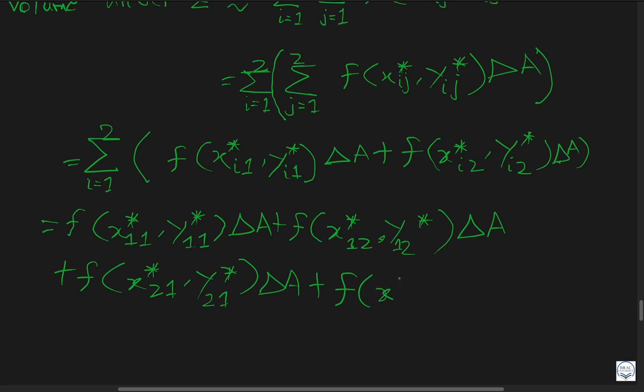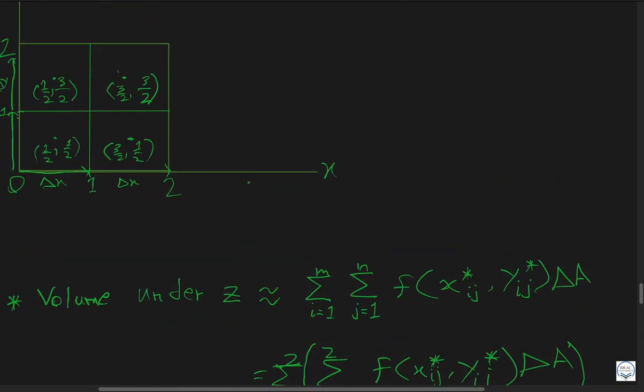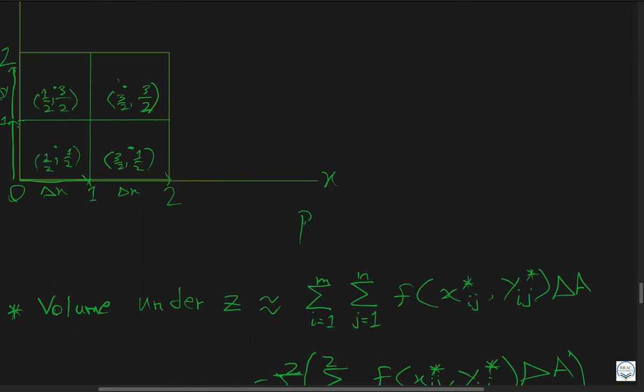So i is 2 now. So x star 2 1, y star 2 1, delta A from here. So we have x star 2 2, y star 2 2 here because i is 2 here, times delta A.